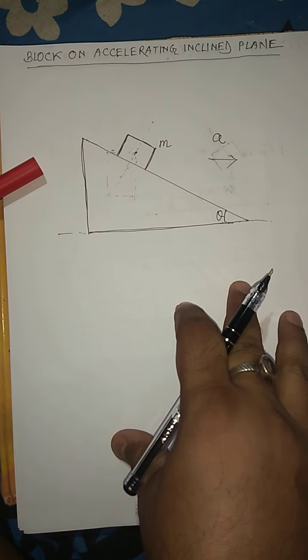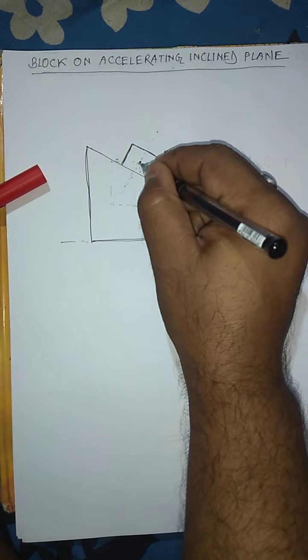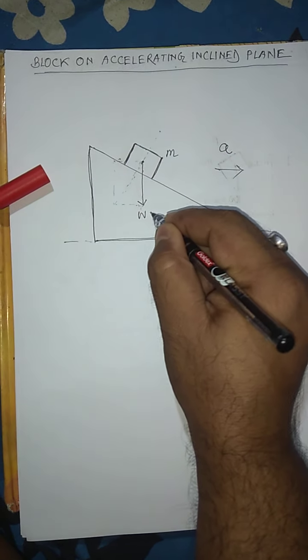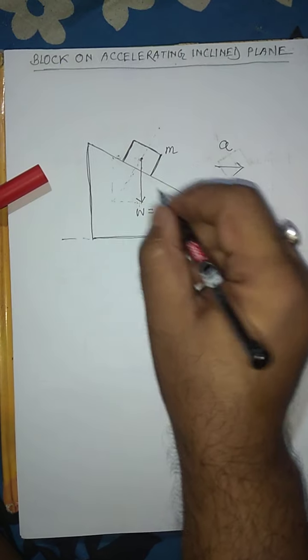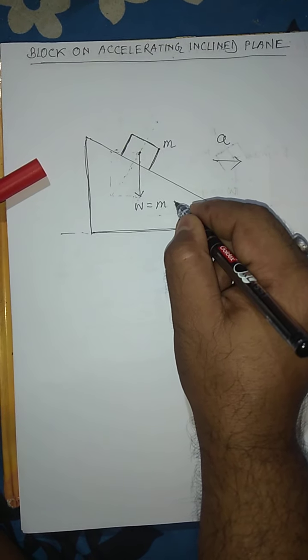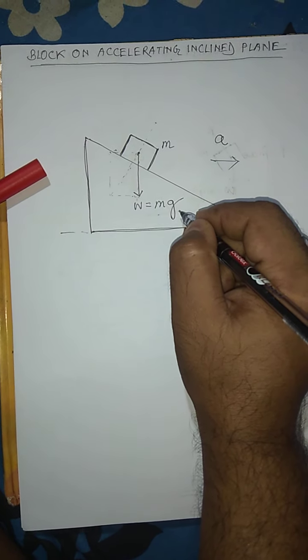Now let's analyze the different forces acting on this block. The force of gravity, W, is equal to the mass of the block multiplied by the acceleration due to the Earth's gravity.